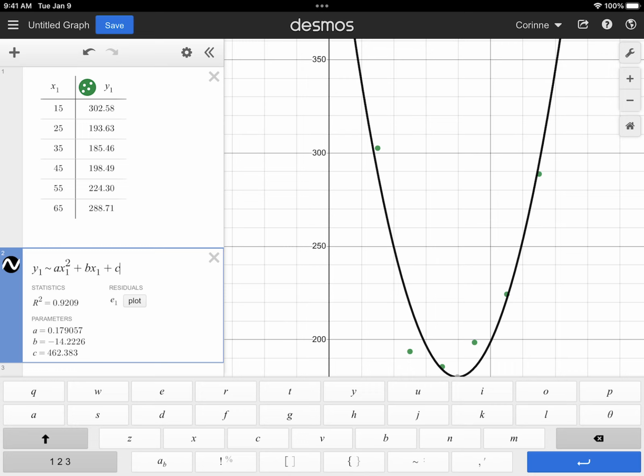All right, so our A, if we round to 3 decimal places, we get 0.179. Our B is negative 14.223. And our C is 462.383. So let's write these down.